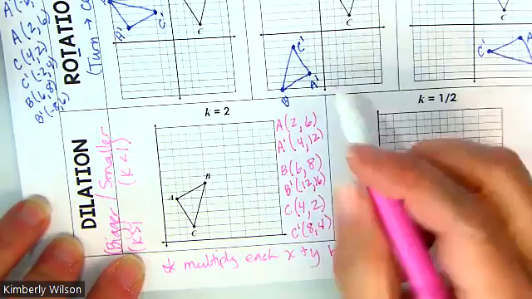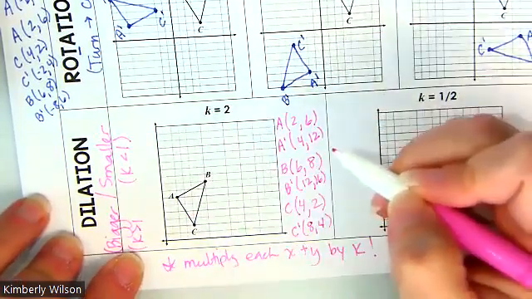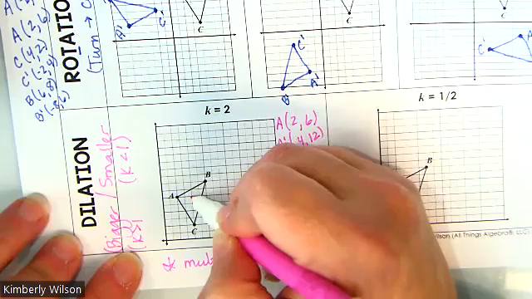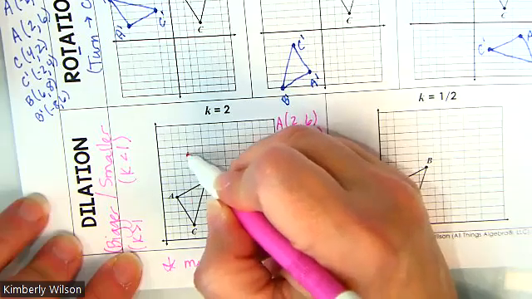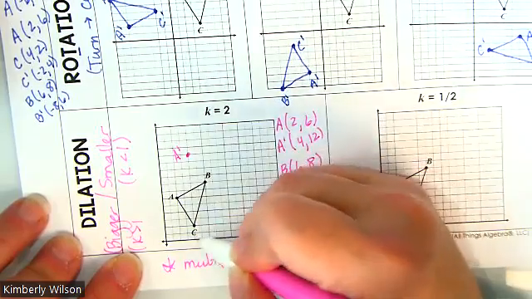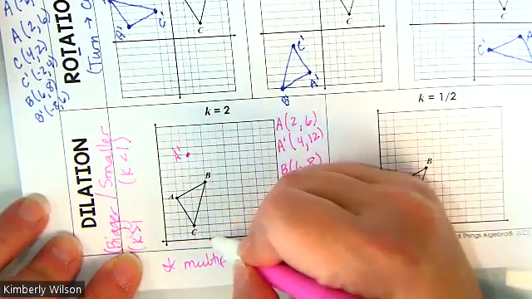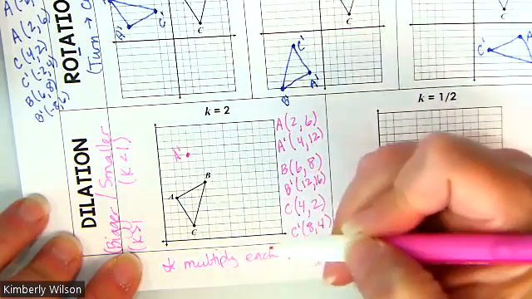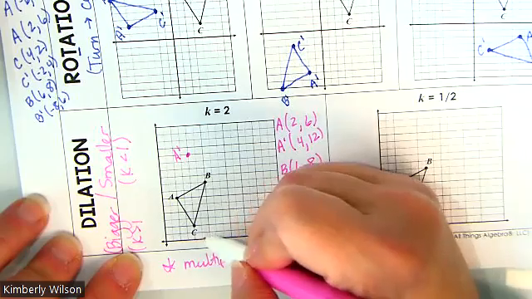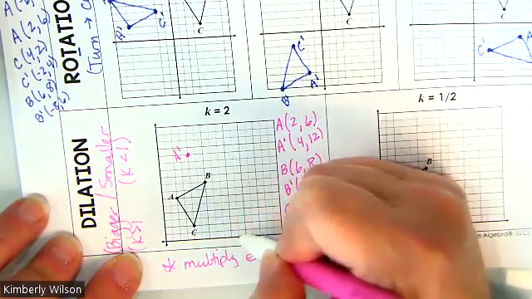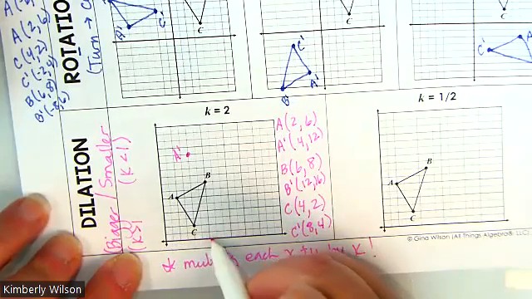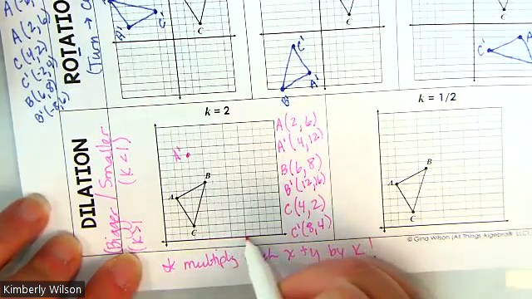So now let's plot. 4, 12, 2, 4, 6, 8, 10, 12. B is 2, 4, 6. No, it's 12. 2, 4, 6, 8, 10, 6, 7, 8, 9, 10, 11, 12.